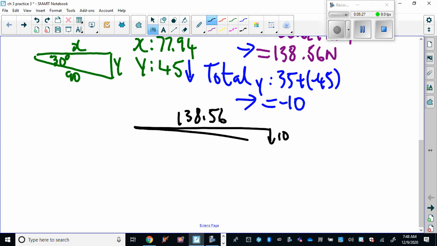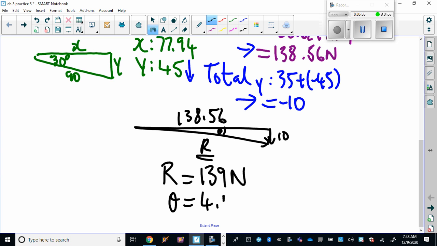This is our resultant vector R, and the resultant angle is in there. We use the Pythagorean theorem and inverse tangent to get the magnitude of R and the angle of R. With the Pythagorean theorem, we end up getting 139 newtons for R, the resultant vector, and the angle turns out to be 4.1 degrees.